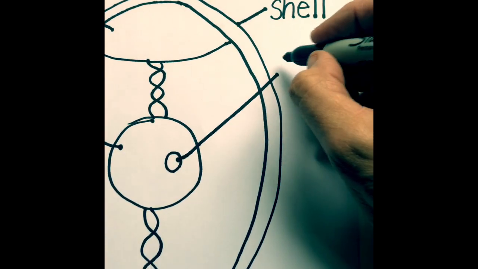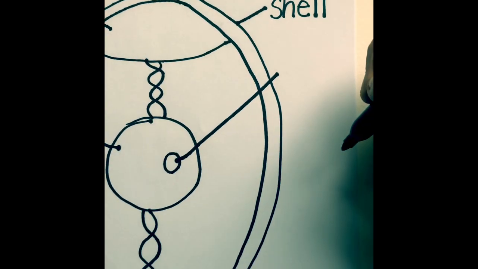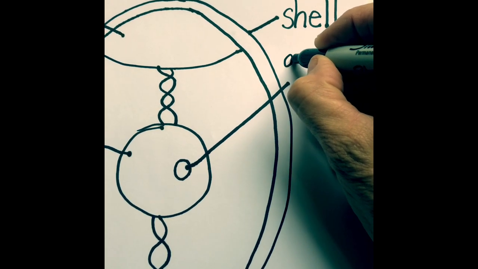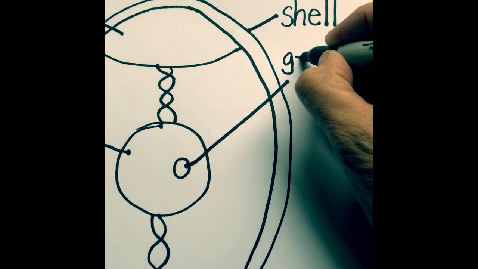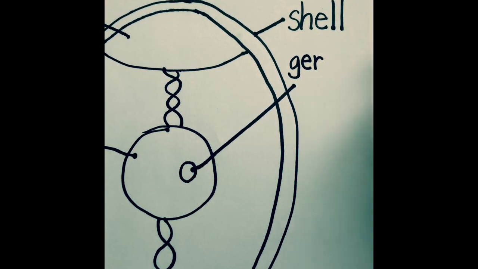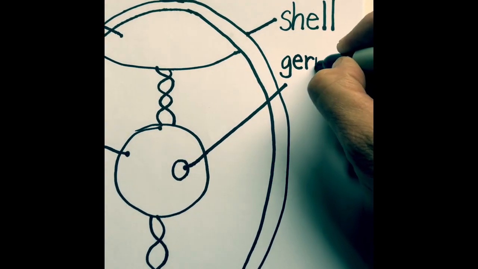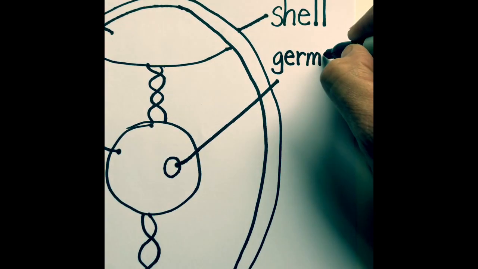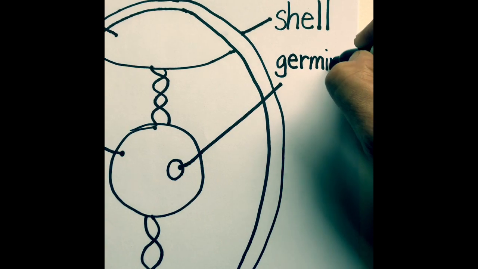Germinal. So J, it's not a J. This one is a G, okay? So it's going to be G, and then our ER sound. Ger, M. That's an M. Germ, in. That's like the word in.